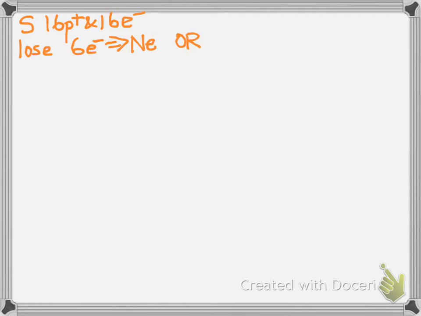Next we have sulfur. Sulfur as an atom has 16 protons and 16 electrons. So its choices are it can lose 6 electrons to be like neon, or it can gain 2 electrons to be like argon.